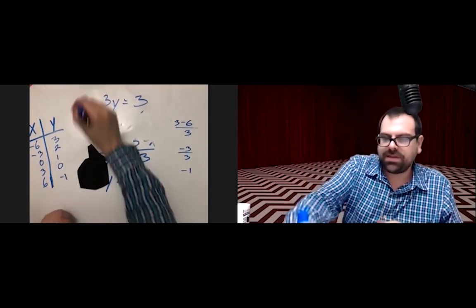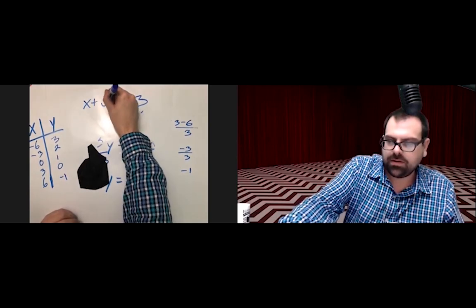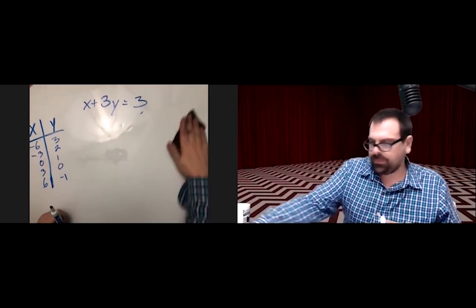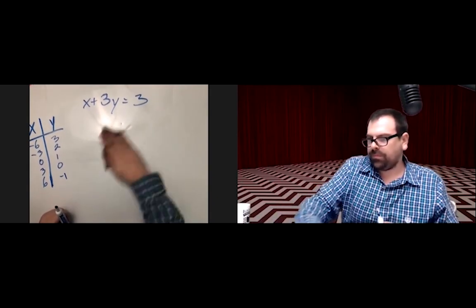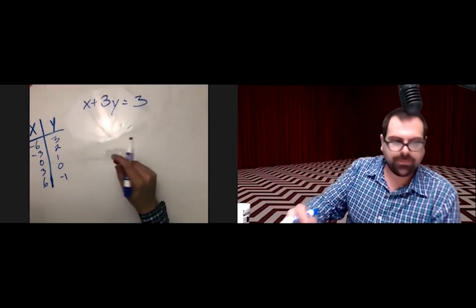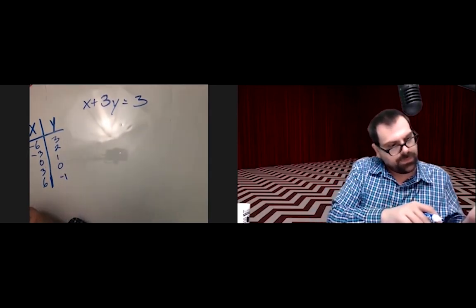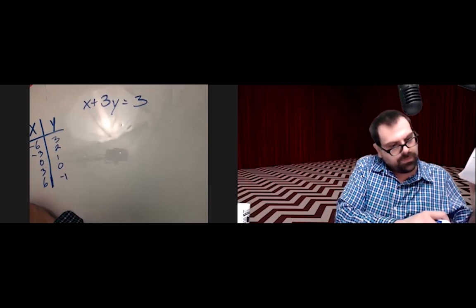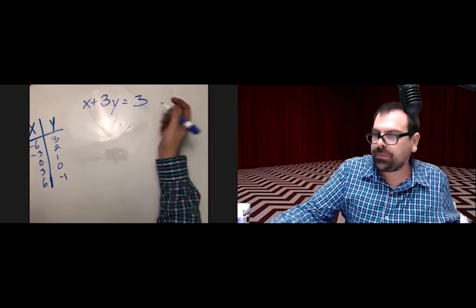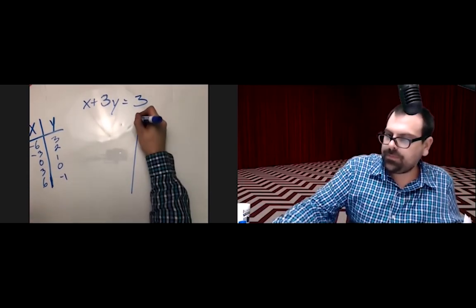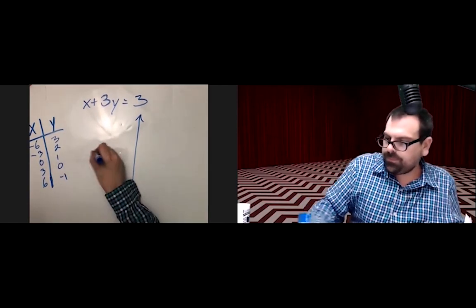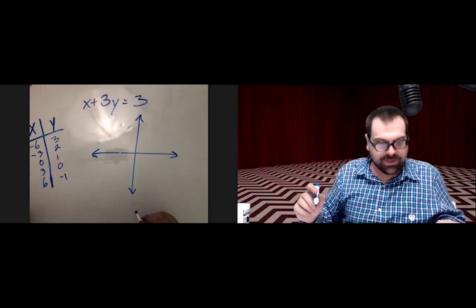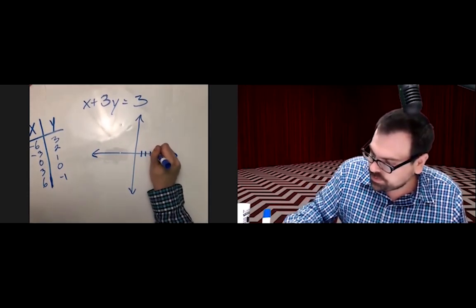So for x plus 3y equals 3, looks like 6.